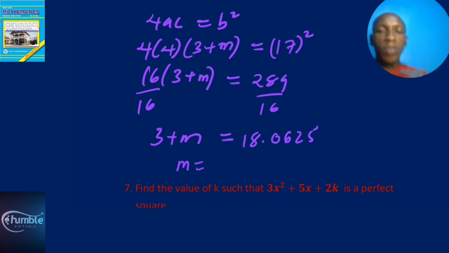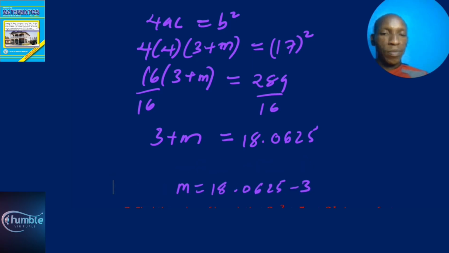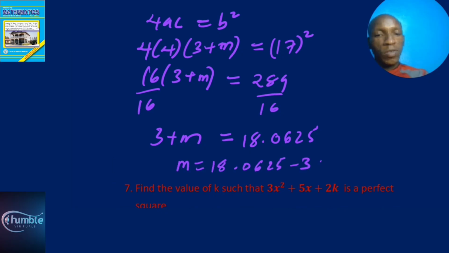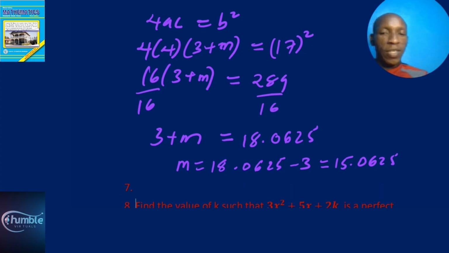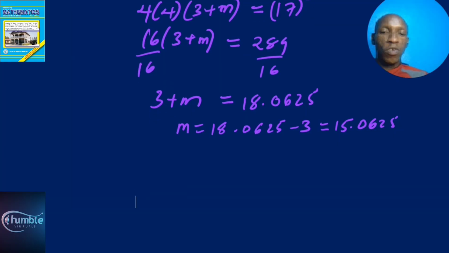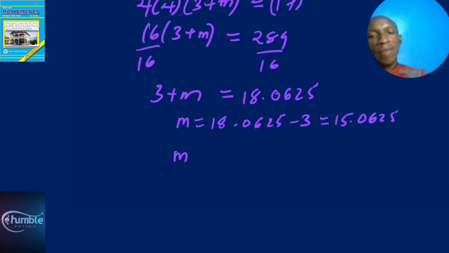So m is going to be 18.0625 minus 3, which is equal to 15.0625. So actually, that is what becomes the value of m. So our m is 15.0625.